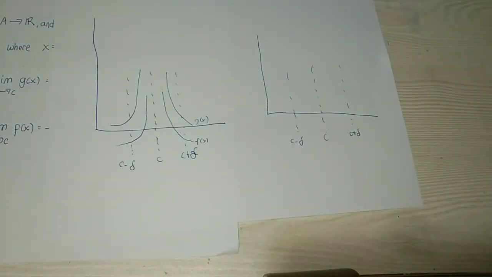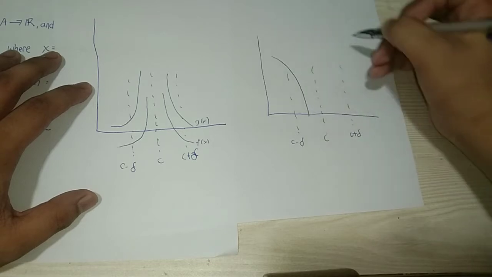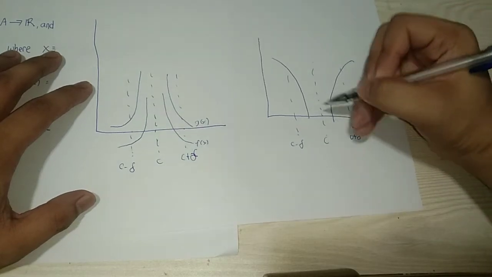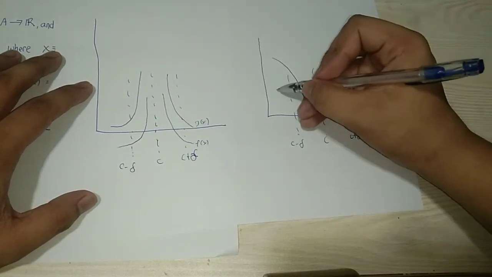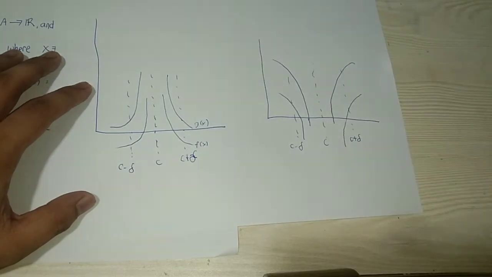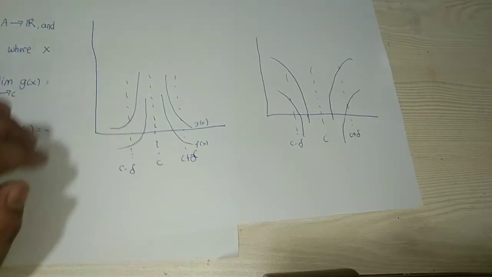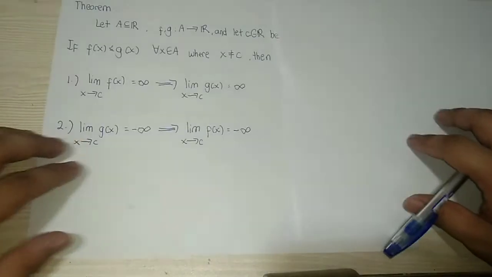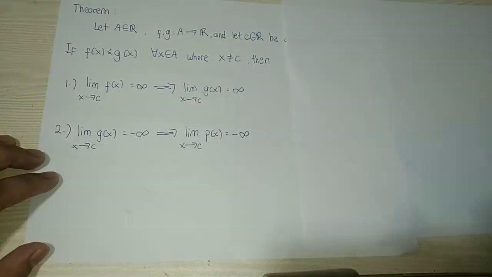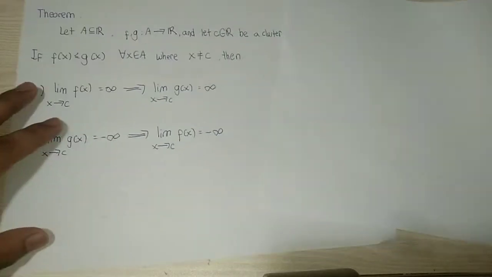So, dito naman sa case na to, kapag naman yung mas mataas nag-a-approach sa negative infinity, then yung mas mababa, automatic mag-a-approach na din siya sa negative infinity. Okay? So, let's prove this theorem. Ang ipoprove lang natin yung number 1 kasi halos similar lang naman yung proof nila. So, 1 lang yung i-prove natin.